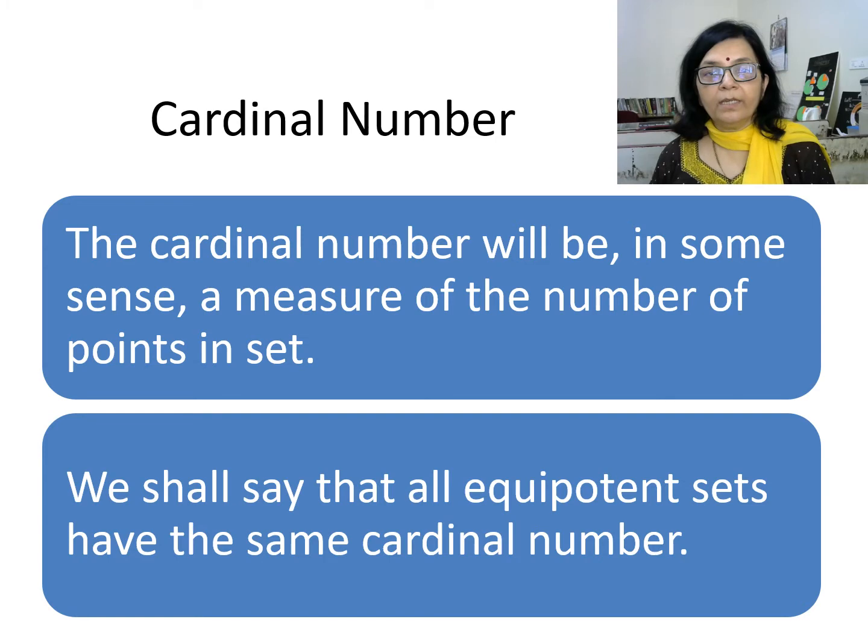Firstly, we see what is cardinal number. The cardinal number will be, in some sense, a measure of the number of points in a set. We shall say that all equipotent sets have the same cardinal number.